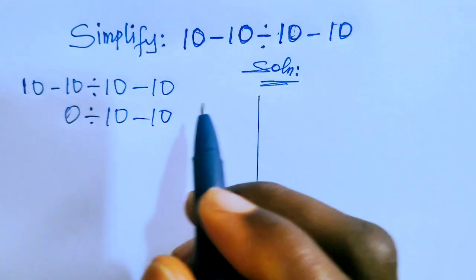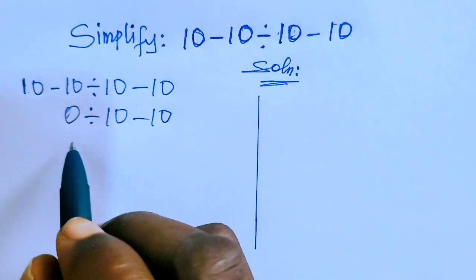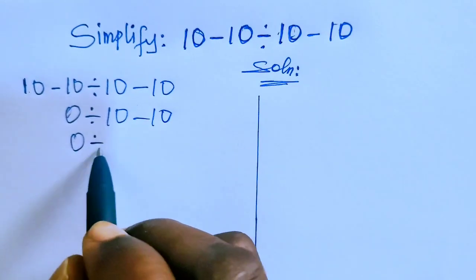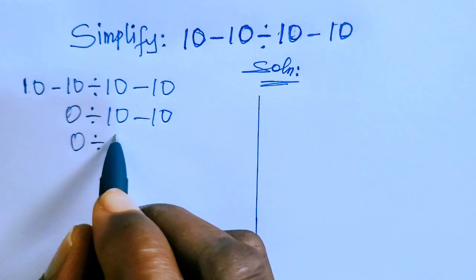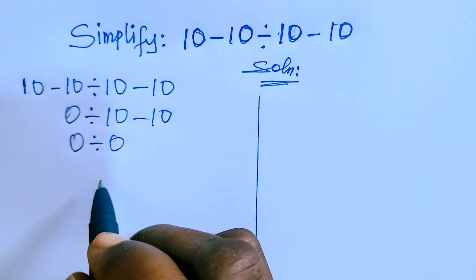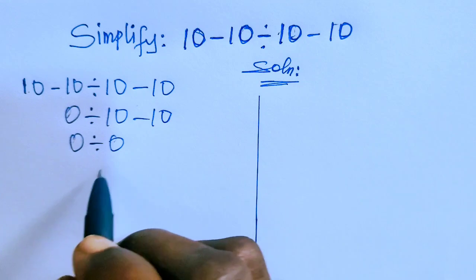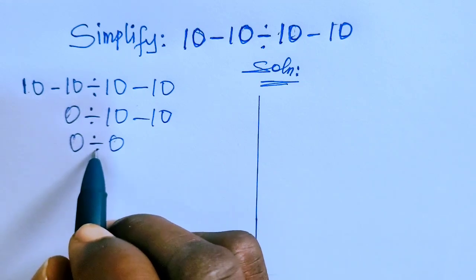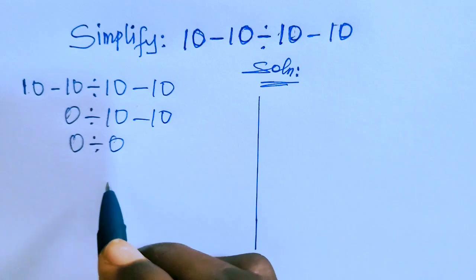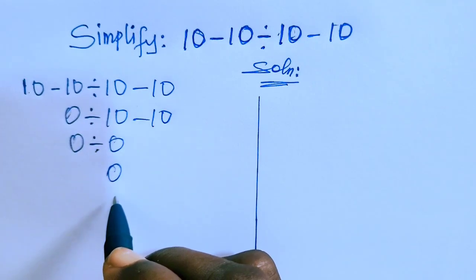Right here, they had this 0 divided by 10 minus 10, that's 0. Lastly, they had this 0 divided by 0, that's 0.